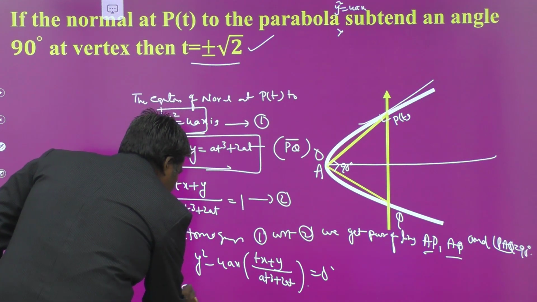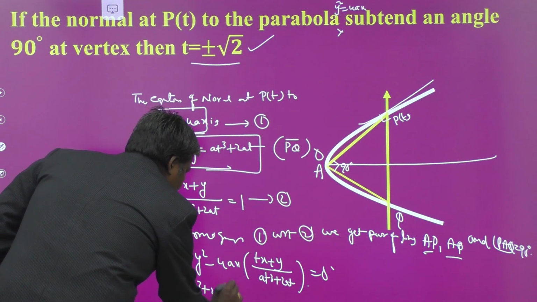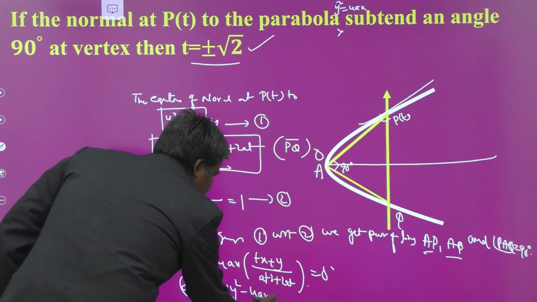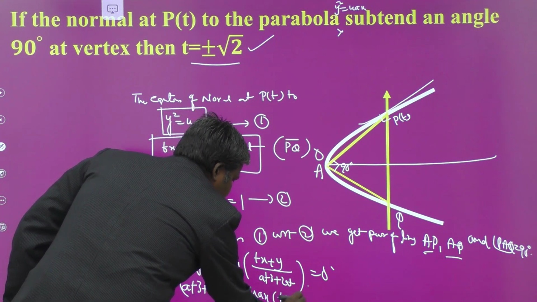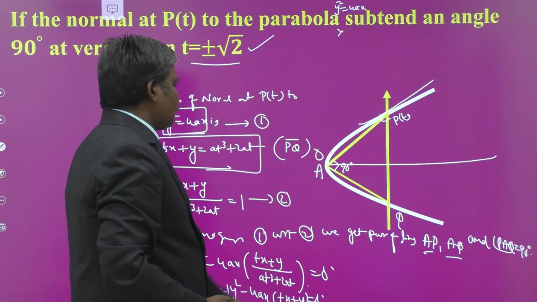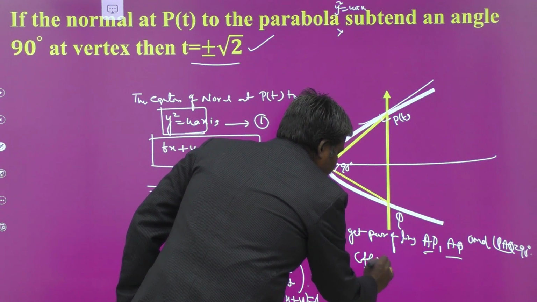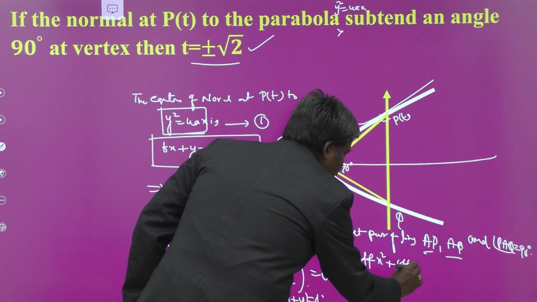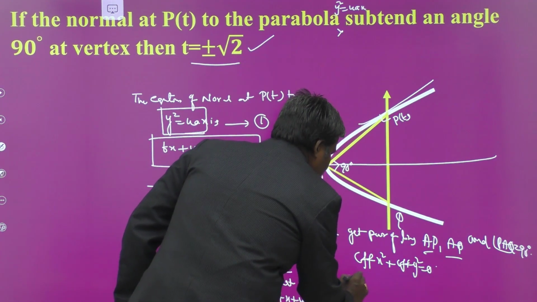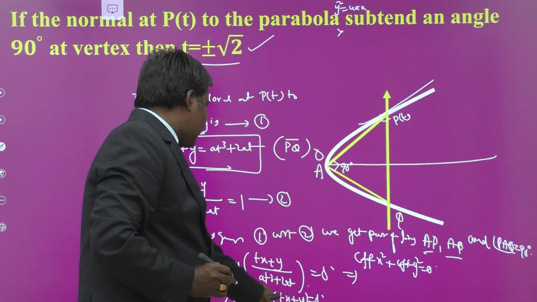So just cross multiply: (at cube plus 2at) times of y square minus 4ax times of (tx plus y) is equal to 0. Equate the coefficient of x square plus coefficient of y square to 0. What is the coefficient of x square, my dears?